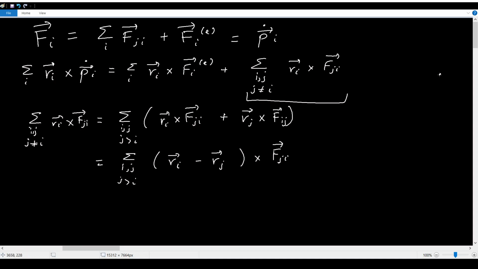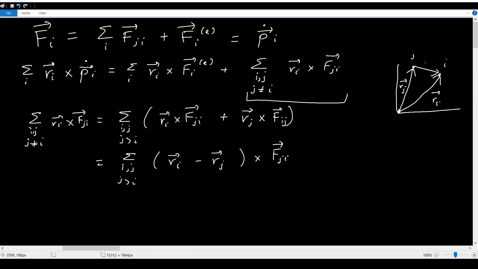So suppose we have some particle here and another particle here. Say this is the origin, and let's say this is r_i, this is j. So this is r_i and this is r_j, right? So r_i minus r_j is this vector. It is the vector between the two particles.